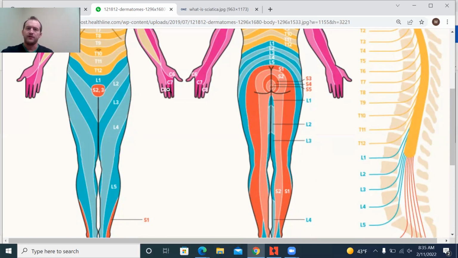But it just so happens that the third lumbar vertebra has this pattern that goes right across the top of your thigh, right here. So that's why I was using that as a reference point: if you have an L3 issue, you may have a presentation of symptoms, throbbing, pain, numbness, tingling in that top of your thigh.